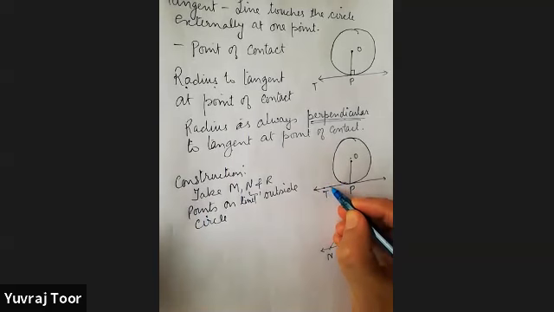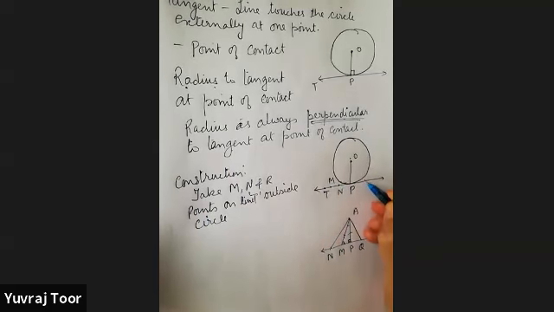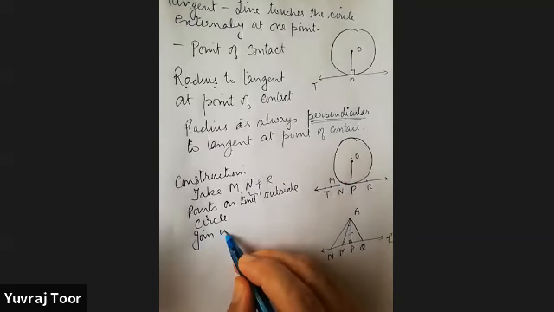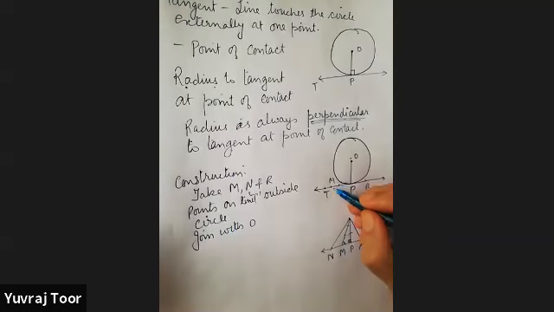Let this point be M, this be N, and this be R. Join with O.